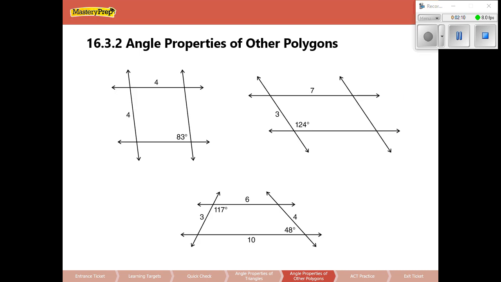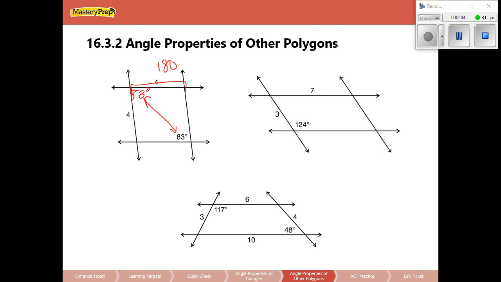So whenever we look at any of these figures here, the sum of their interior angles is 360. And for these figures here, especially the first two, these are parallelograms. The property we have for parallelograms is that the opposite angles are going to be the same. So this angle up here is 83 degrees. And the consecutive angles add together to be 180.